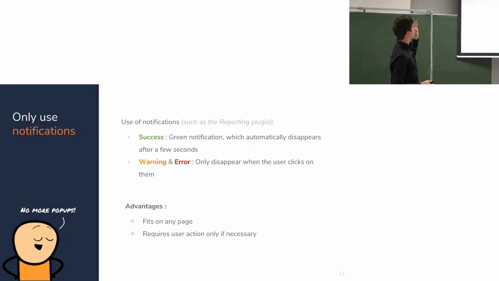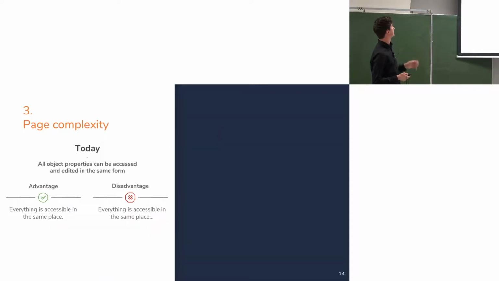We could have warning and error notifications which only disappear when the user clicks on them, because these notifications are important, so they require the user's focus. Thanks to these notifications, Mike will not waste time anymore.